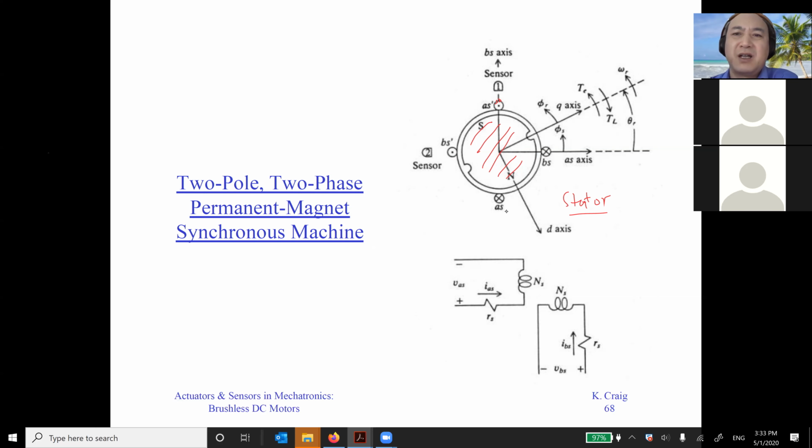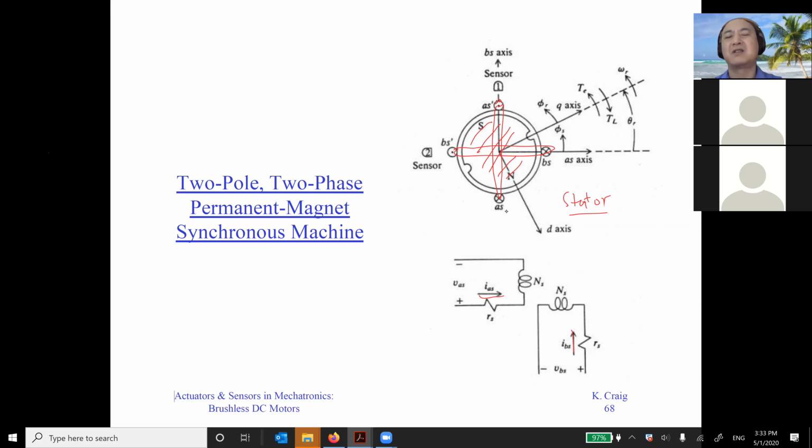If we use AS and BS as my sensors, this is my position here. So AS and BS are in quadrature, so they are perpendicular. You have one coil in here and one coil in here, so two coils 90 degrees apart.